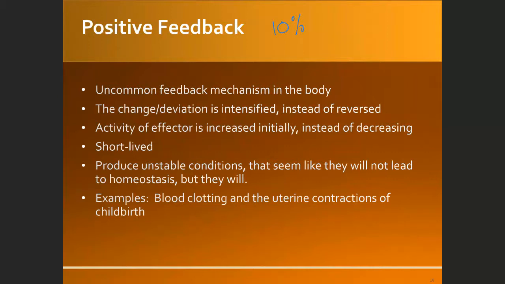This is an uncommon type of feedback loop, but it is sometimes used in order to control homeostasis. The famous example is when a mother is giving birth, which uses the positive feedback loop.